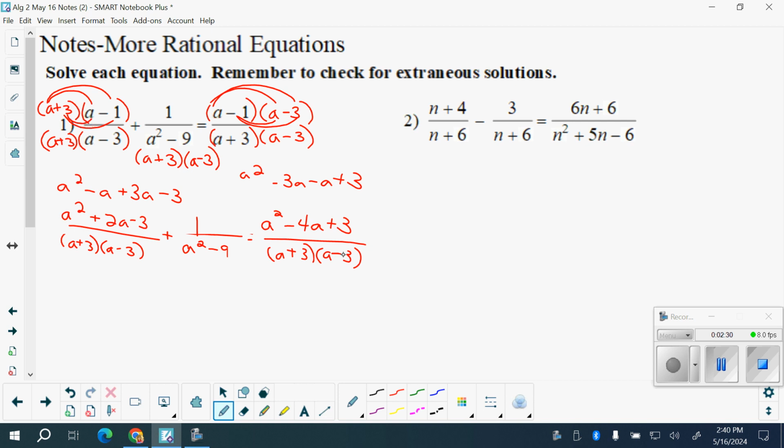And so what do we do next to solve that? We want to get rid of our denominator, right? How do we do that? Multiply by a plus 3 times a minus 3.